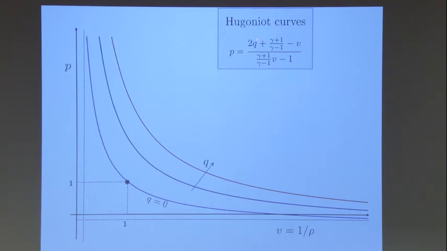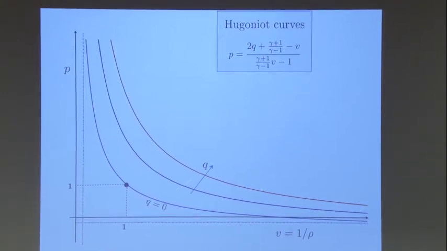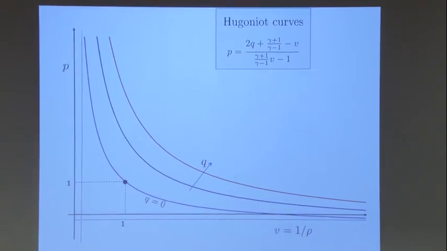When Q equals 0, which is this curve here, it's the only curve that goes through the initial state, right? Because the initial state corresponds to P equal to 1, V equal to 1. So P equal to 1, V equal to 1 is satisfied only by this expression when Q equals 0. Any other Q does not, so it's displaced. Okay, so these are the Hugoniot.